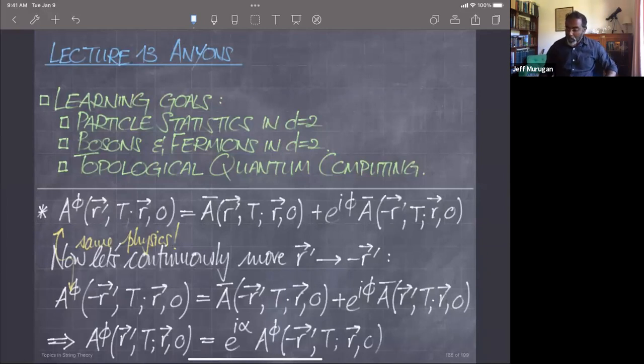All right. If we cast this in the language of the amplitudes that we were doing in the covering space, then this means that the following is true.